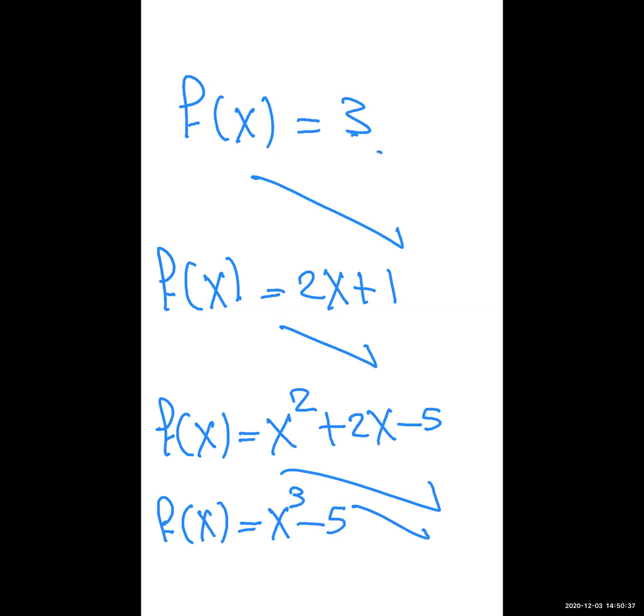So the first one is a polynomial of degree 0. For 2x plus 1, what is the power or the index here? x is at the power of 1, so first degree. If it's a number only, then 0 degree.